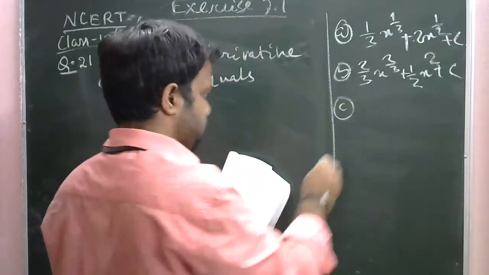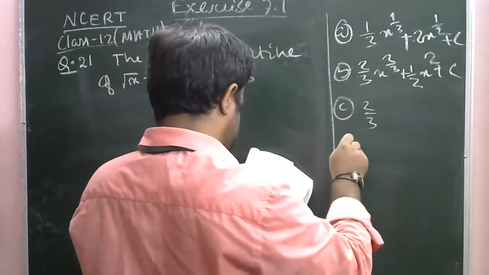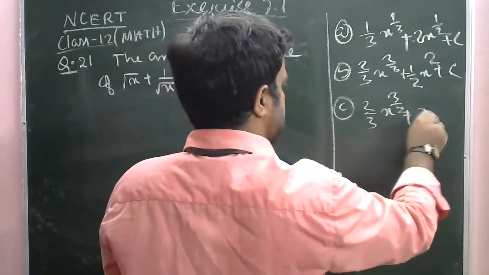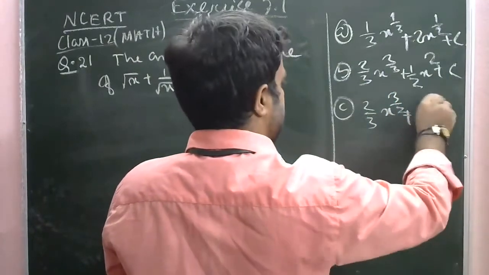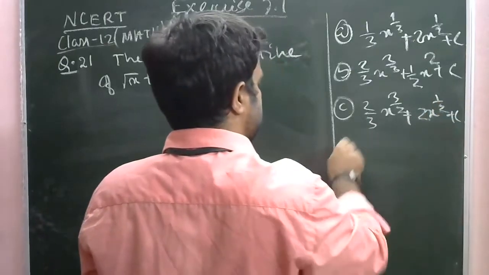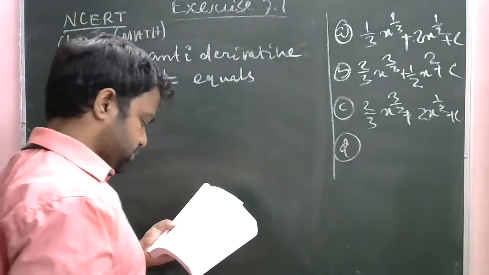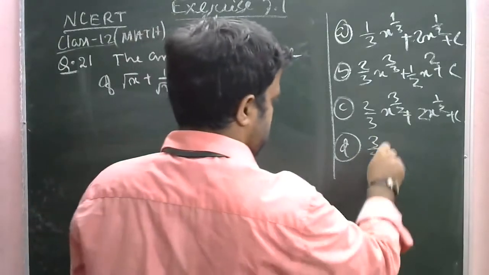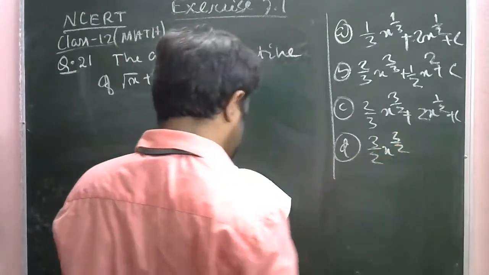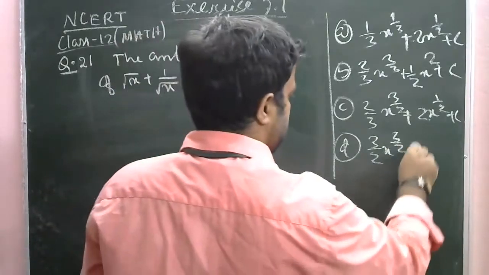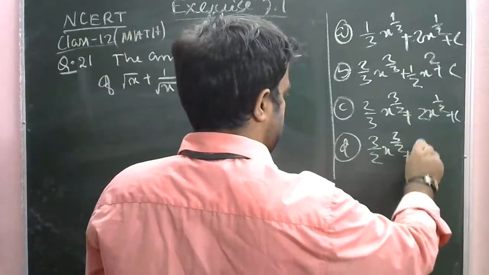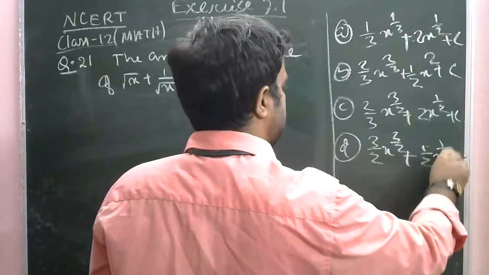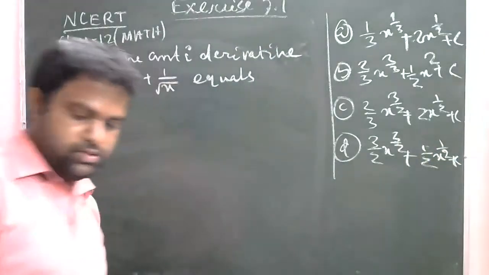Option C, 2 upon 3 x to the power 3 upon 2 plus 2 x to the power half plus c. Option D, 3 upon 2 x to the power 3 upon 2 plus x to the power half plus c.